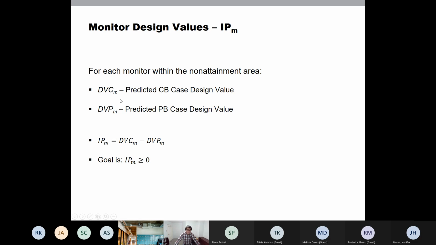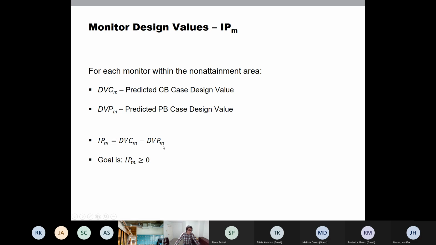So for each monitor, you need to look at the predicted credit baseline case design value, and the design value if you just build your project. You need to take the credit case design value minus the project case.